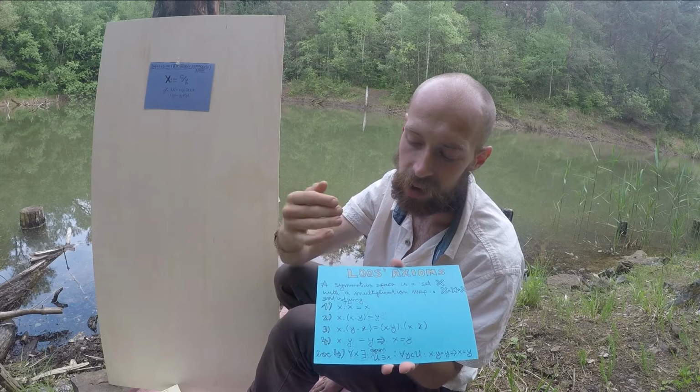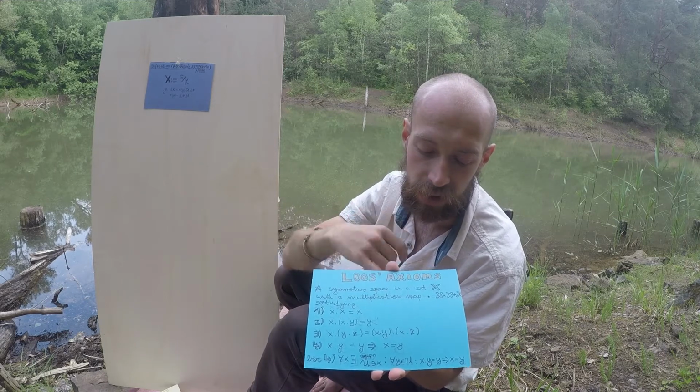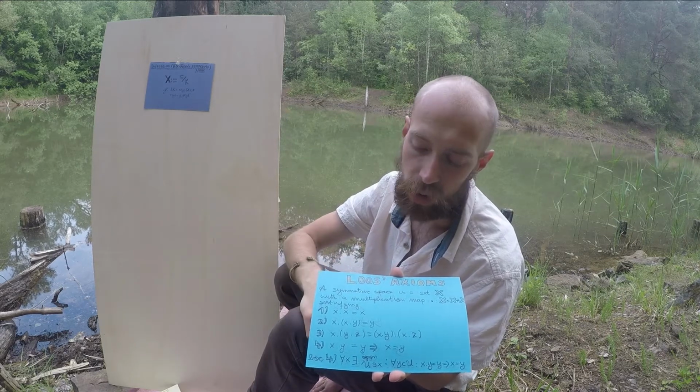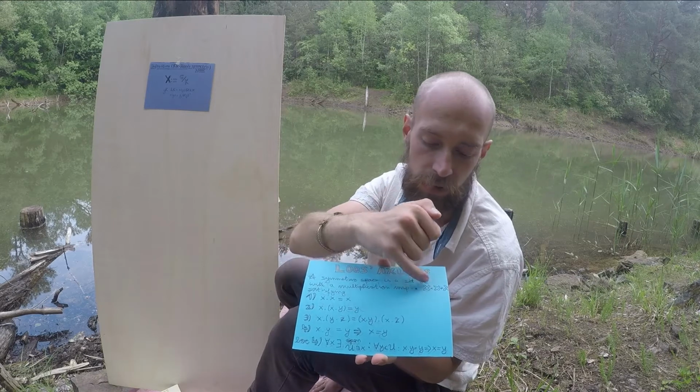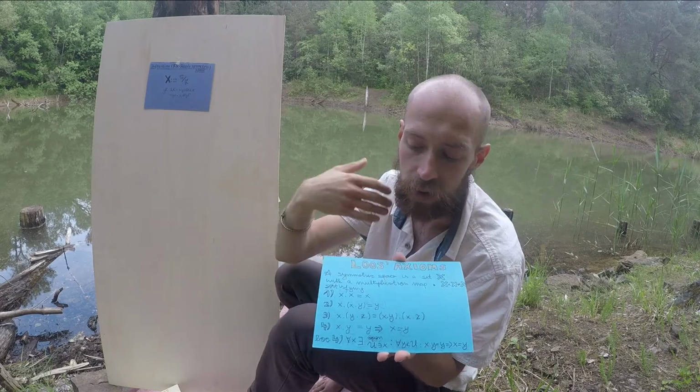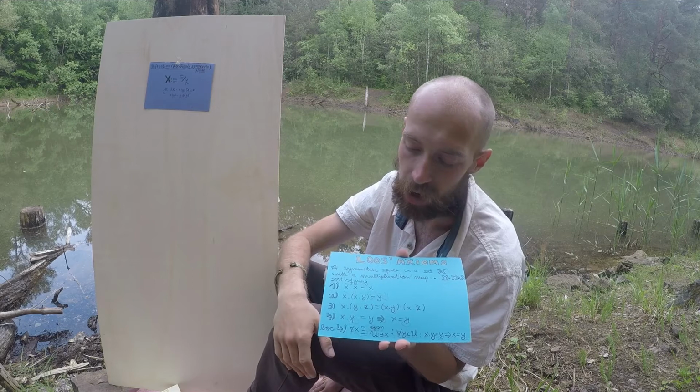It says a symmetric space is a set X with a multiplication map dot from X times X to X, satisfying a few axioms.